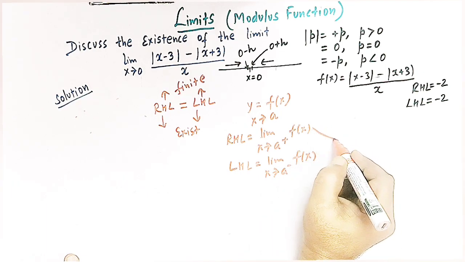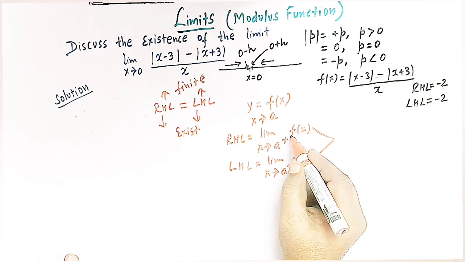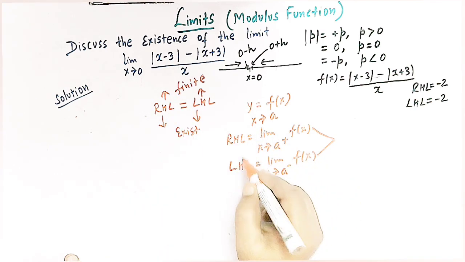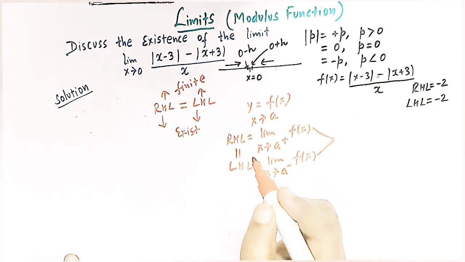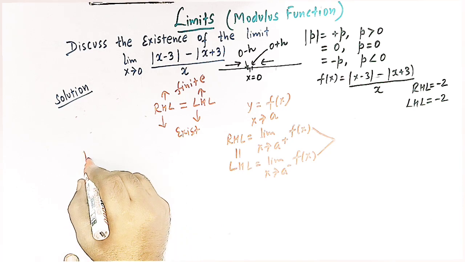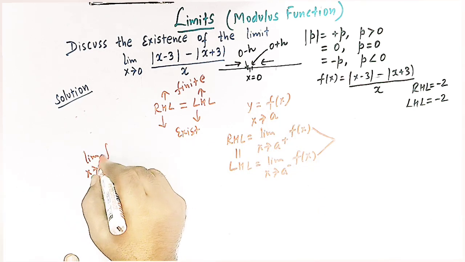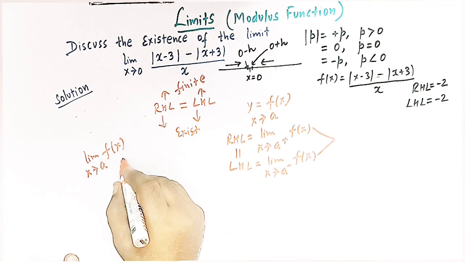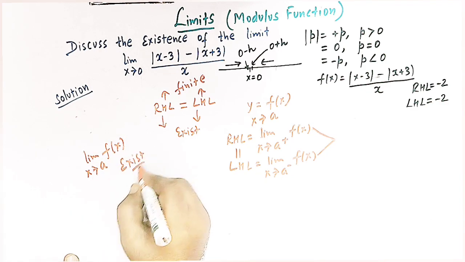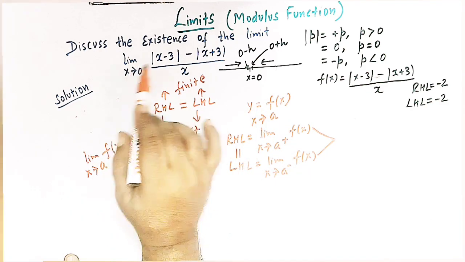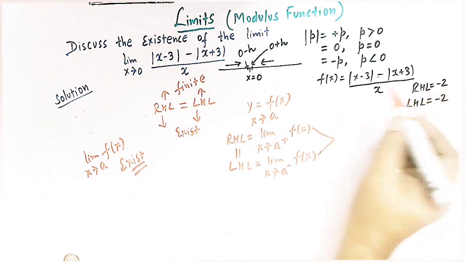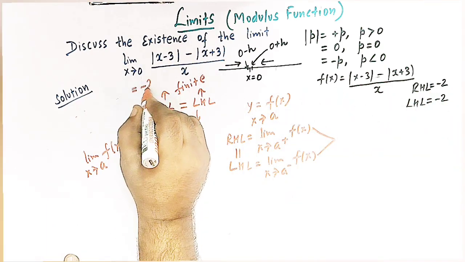And if these two limits exist and are finite and equal to each other, then we can claim that the limit of this function when x approaches a exists, right? And the value of this limit is equal to minus 2.